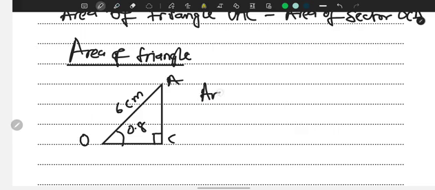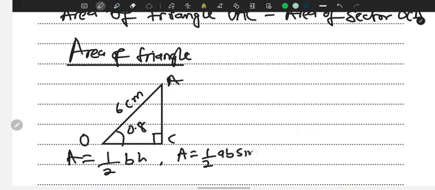We can make use of the area of a triangle to be half base times height, or we can make use of half ab sine theta. Let me use the second one here, half ab sine theta. So let's find OC. OC here is adjacent to the hypotenuse. From our SOHCAHTOA, which one are we going to use?